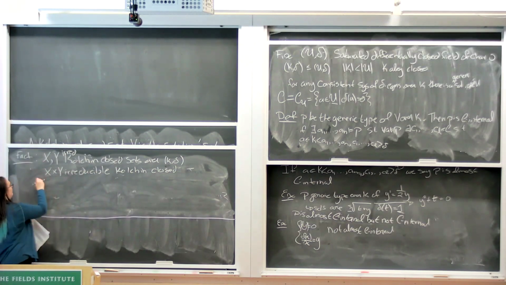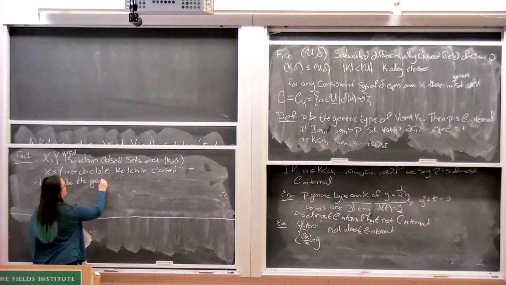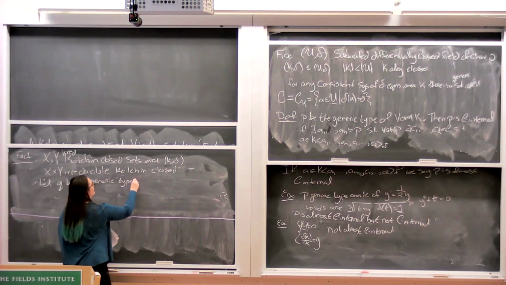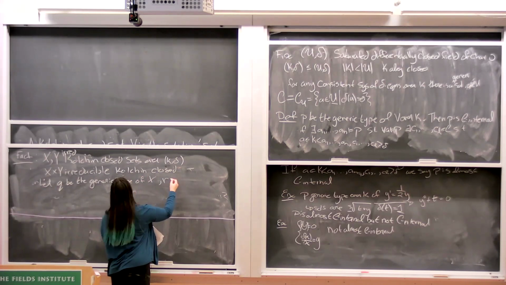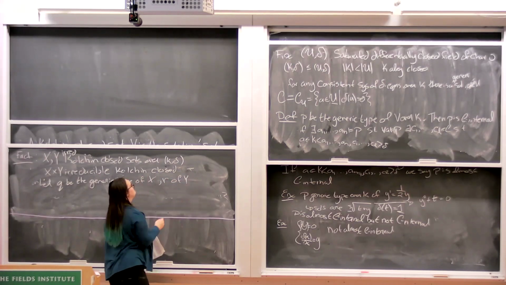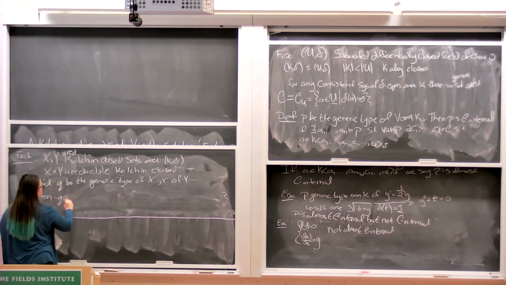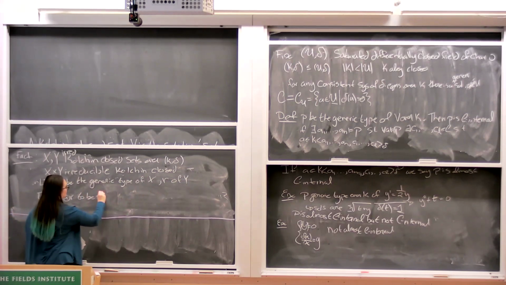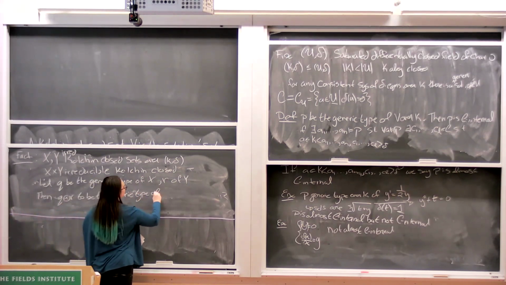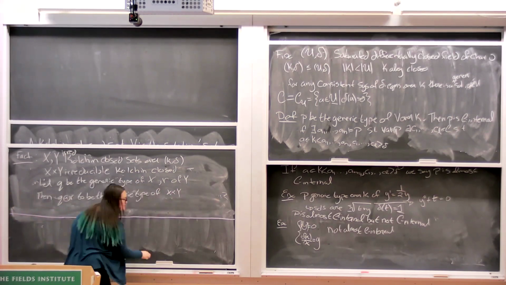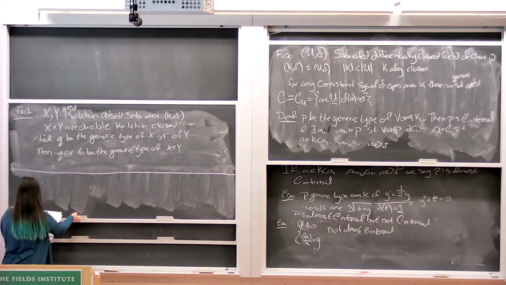Let Q be the generic type of X over K, and R the generic type of Y. Then we denote Q tensor R to be the generic type of the Cartesian product. Okay, so this is what it means for our type to behave like a product.